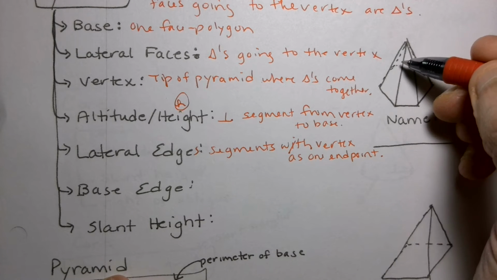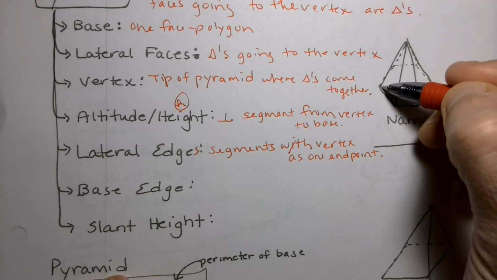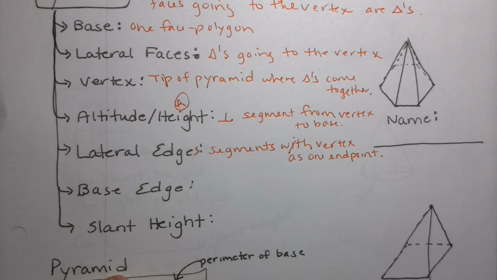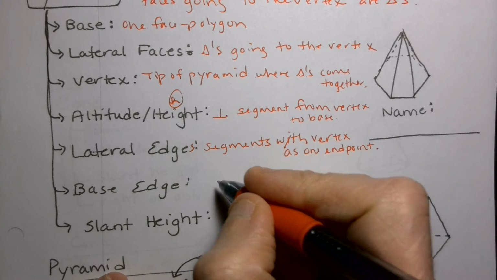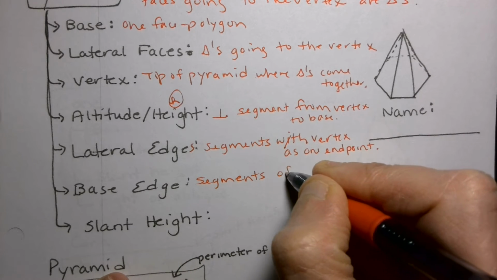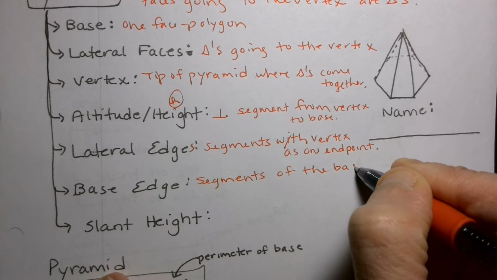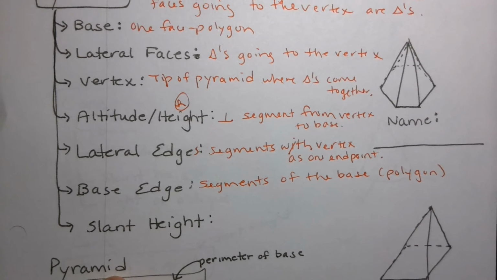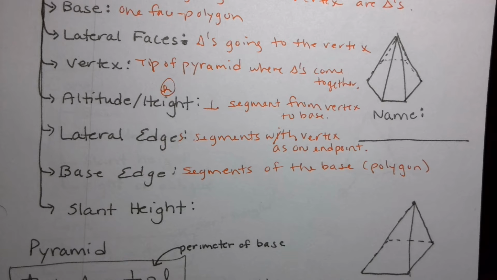So all these are the lateral edges. The base edges are the segments of the base, which is, of course, the polygon, usually other than a triangle, unless it's a triangular pyramid.